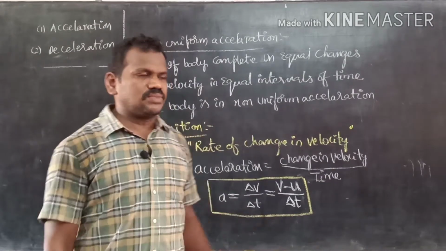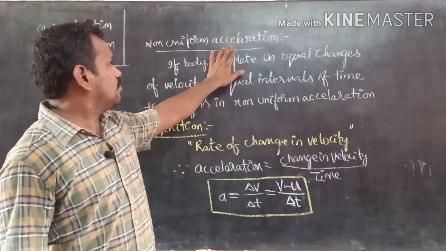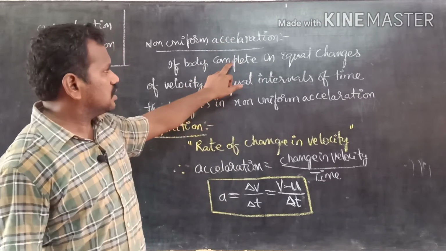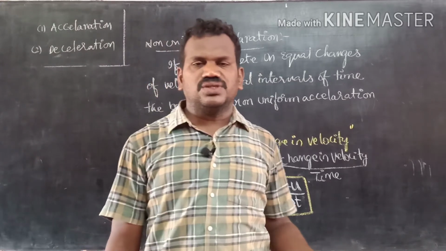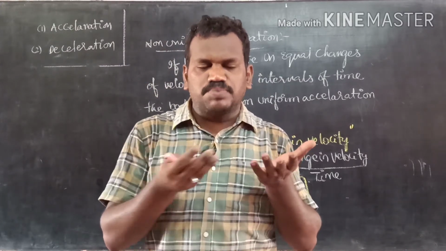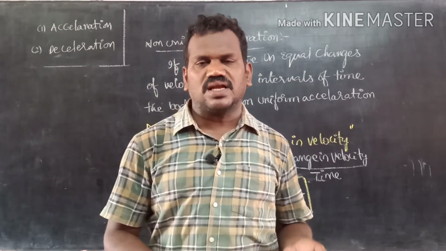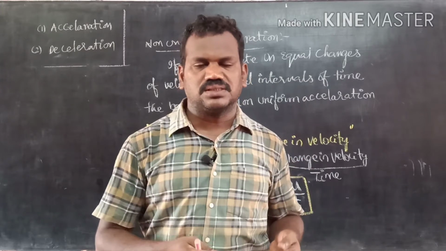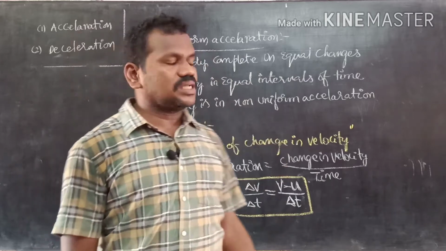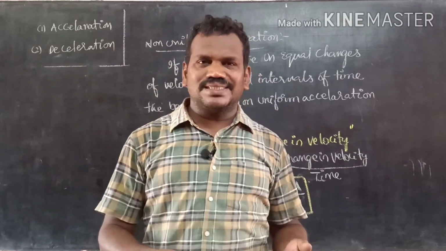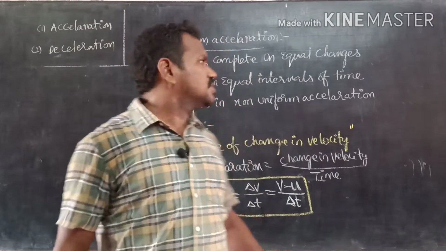Now see what the meaning of non-uniform acceleration is. Before, in uniform acceleration, we said the body gains velocity in equal amounts in equal intervals with respect to time. In non-uniform acceleration, the body speeds up in unequal changes.